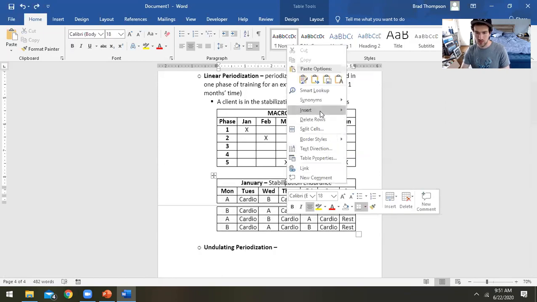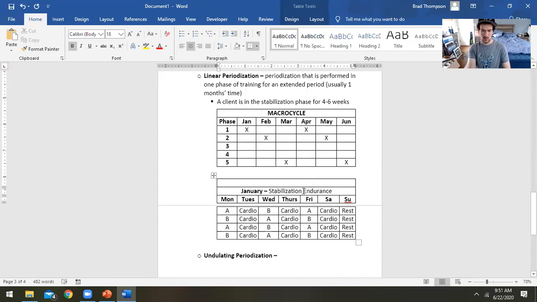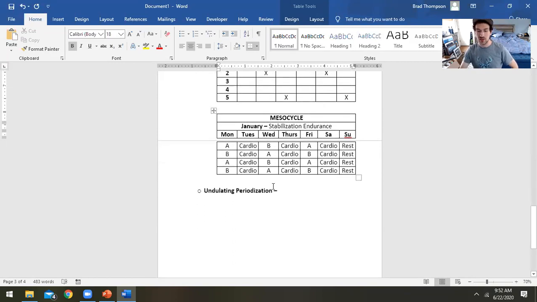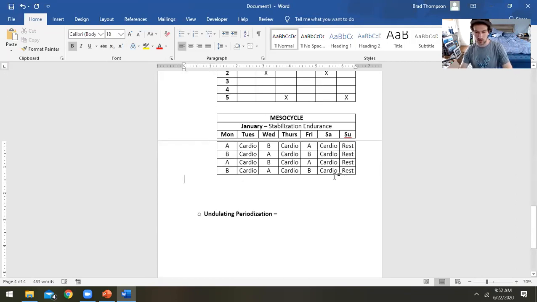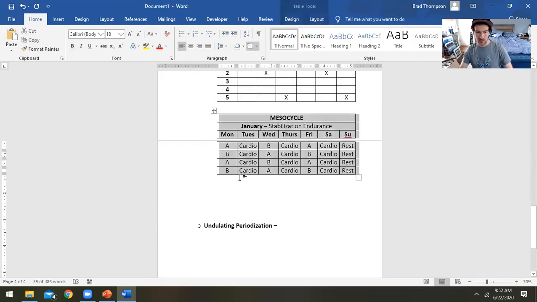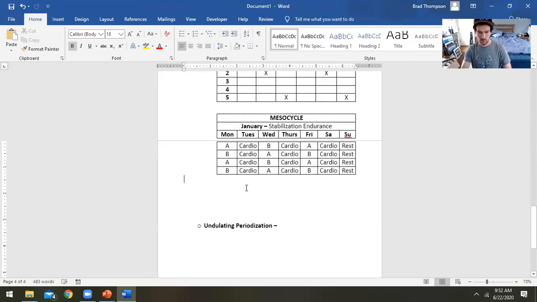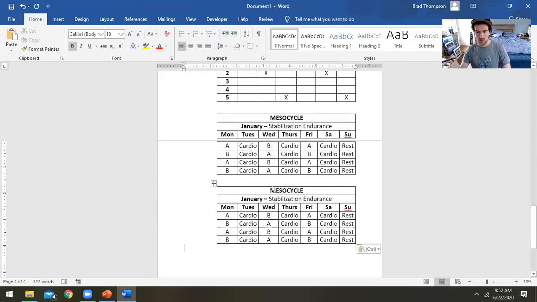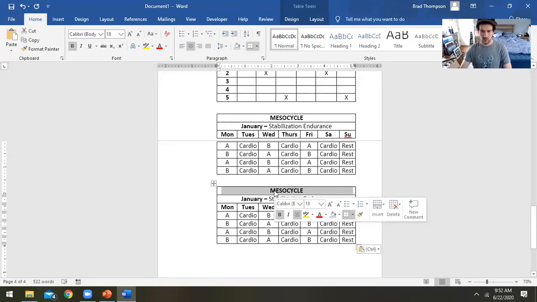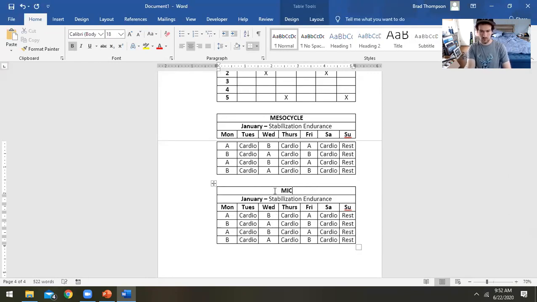Okay, so there's our macrocycle, there's our mesocycle. Now I will do one more, which will be our microcycle. Okay, and so this would be workout A. And so workout A would be stabilization.